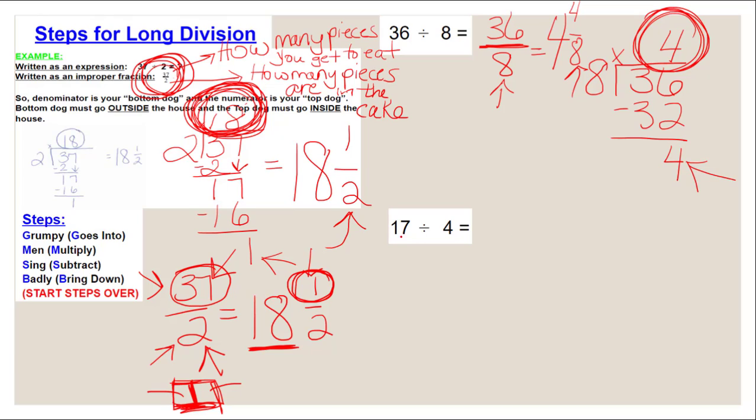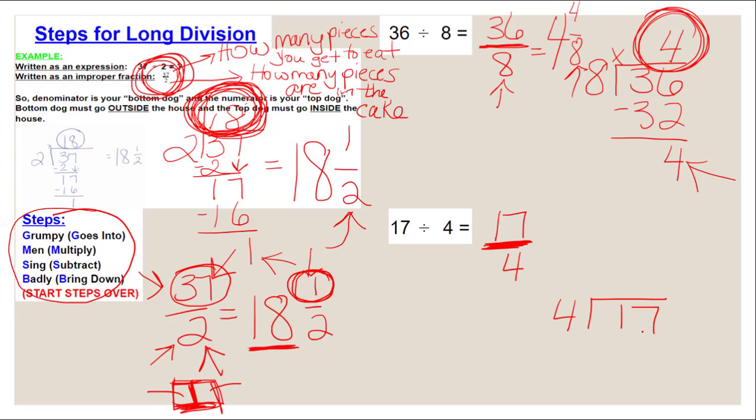Next one, 17 divided by 4. Bottom dog goes outside the house. Top dog goes inside the house. First step, remember our steps are over here. First step, goes into. How many times can 4 go into the 1? Well, it can't because the 1 is smaller than the 4.